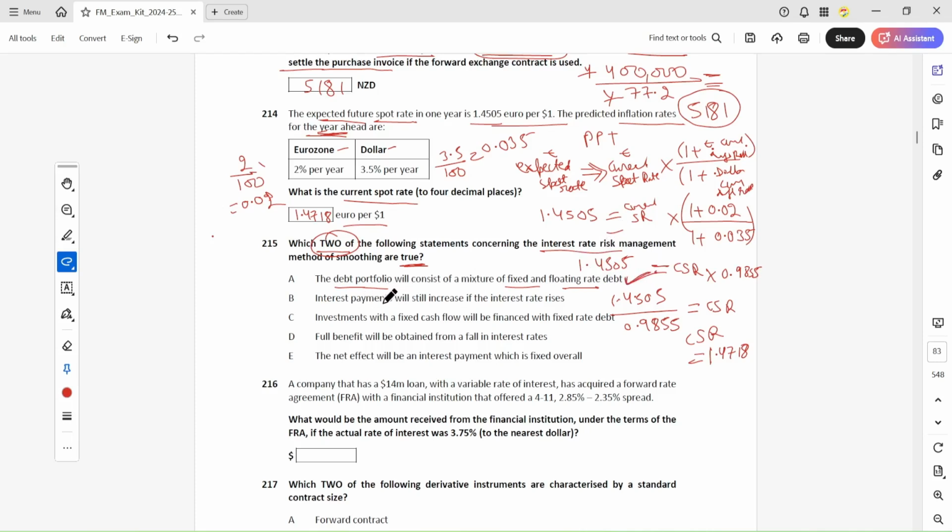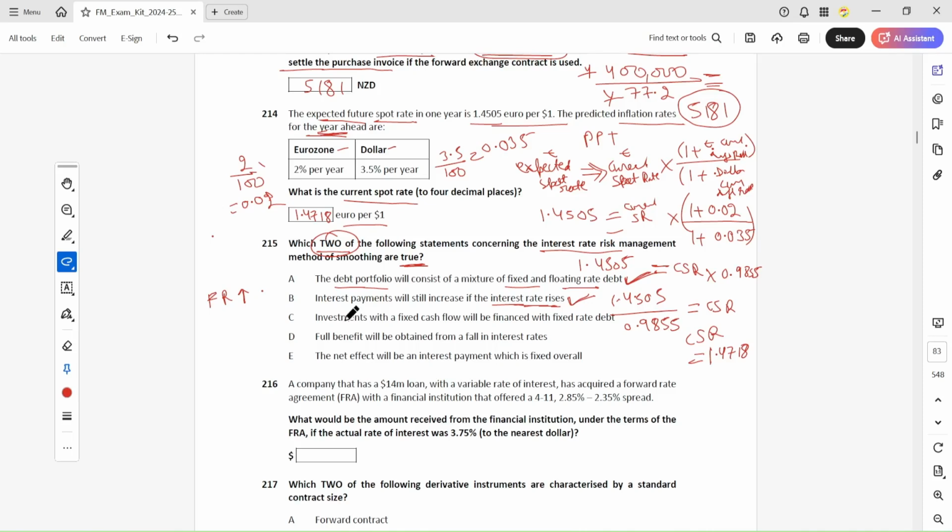Interest payment will still increase if interest rate rises. Yes, because we have floating rate, if the floating rate increases, our interest expense will increase. So this is true.